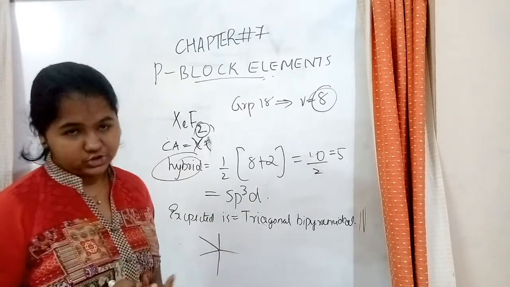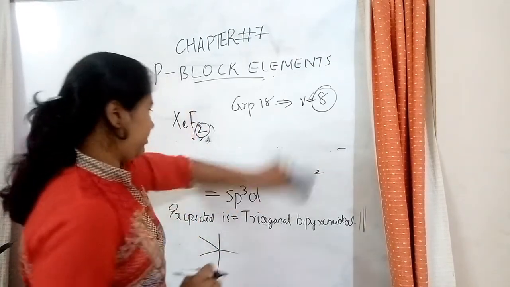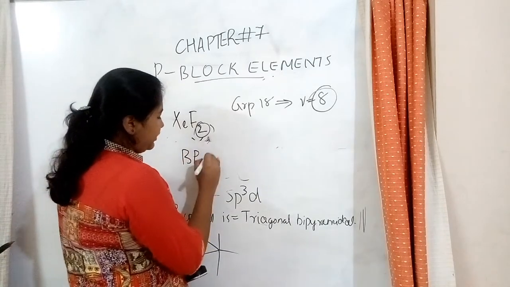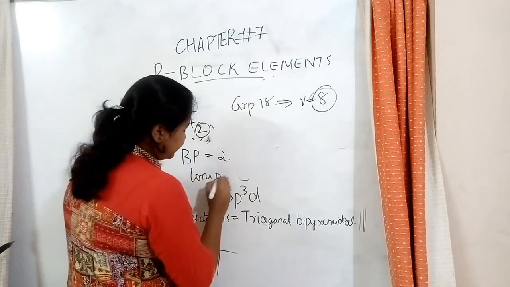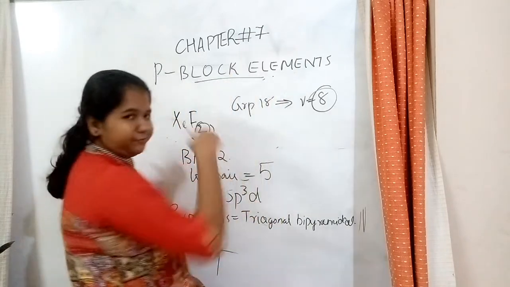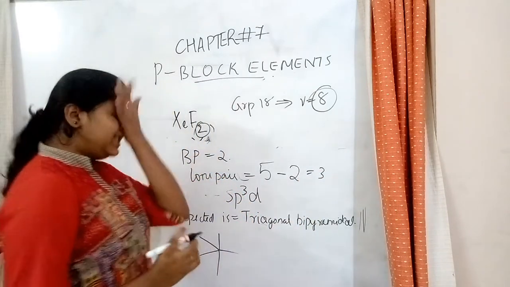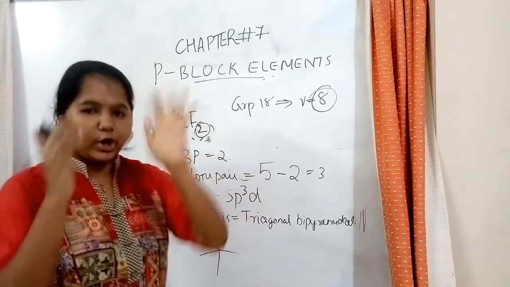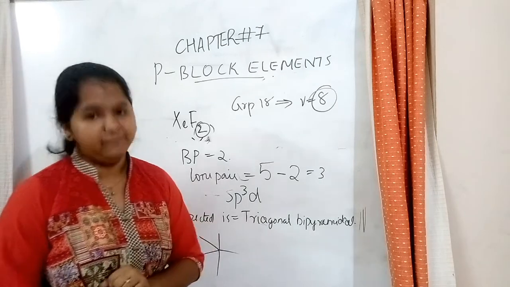This is the expected shape, but this is not the shape. So how many bond pairs are there? Bond pairs are equal to 2. So what is the number of lone pairs? Lone pair is equal to the total number of pairs formed minus the bond pairs, that is equal to 3 lone pairs. So always when you have to place a lone pair in your structure, it should be in the equatorial position if there are 2 kinds of bond pairs.